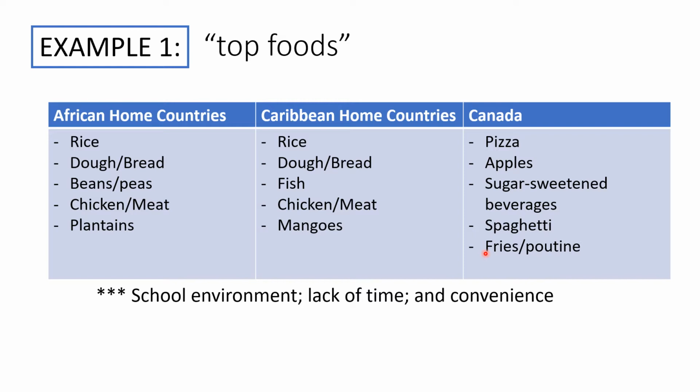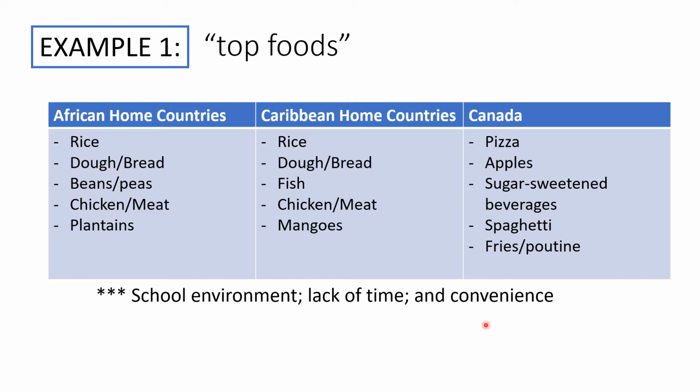But what's interesting is that the drawings prompt the researcher to ask the children questions about their drawing, and they came up with some pretty interesting findings just through asking the children about their drawings. What they showed here was that a lot of these children come from single parent households, and because of the dramatic change in their lifestyles, a lot of these single parents, particularly mothers, lack the time to prepare traditional meals.